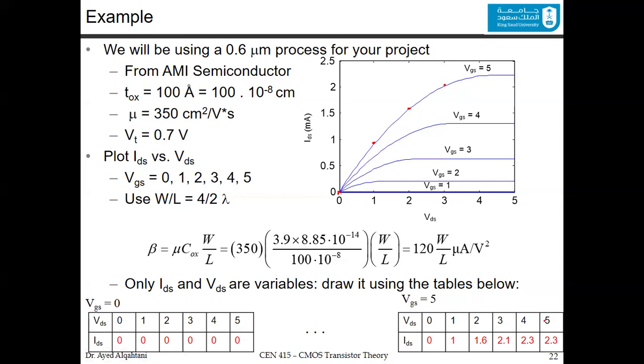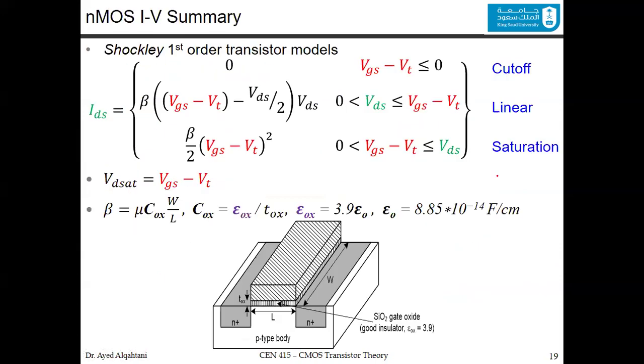And for 4 and 5, you notice that you are actually moving from the linear region to the saturation region. So you apply this rule, because the VDS is larger than or equal to VGS minus V threshold at 4 and 5, when the VGS is equal to 4 and also 5.